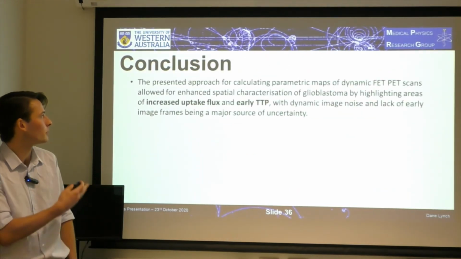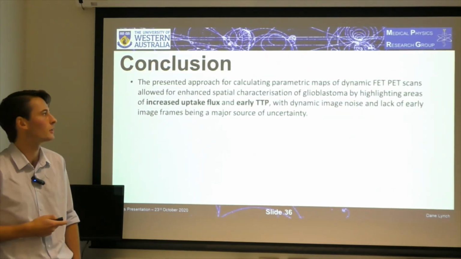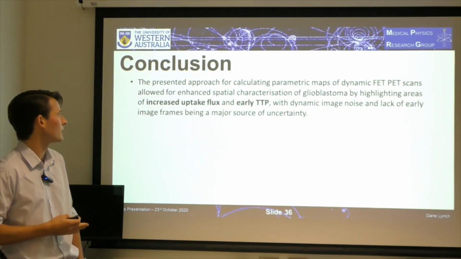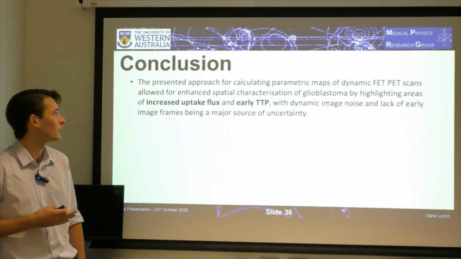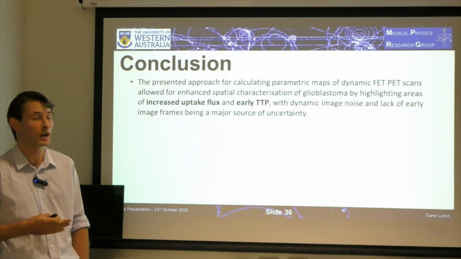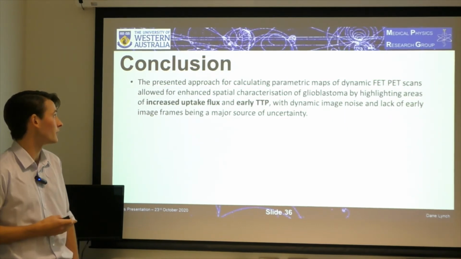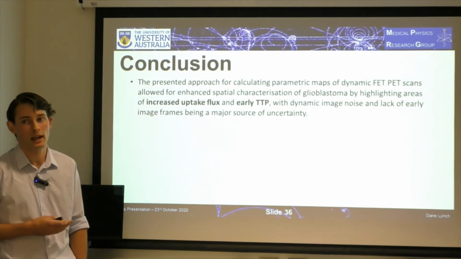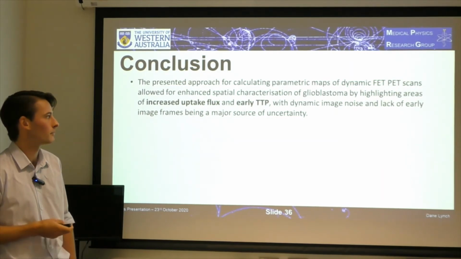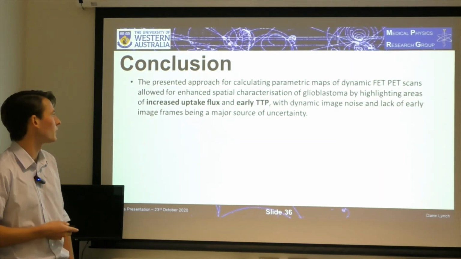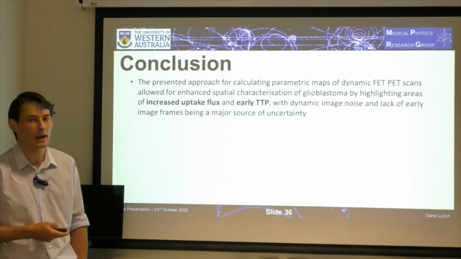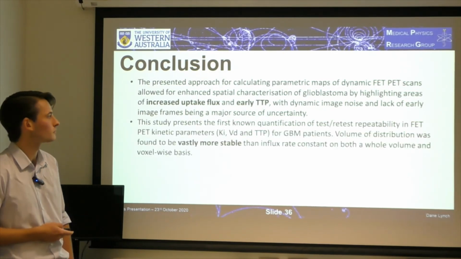So in conclusion, the presented approach for calculating parametric maps of dynamic FET PET scans allowed for enhanced spatial characterisation of glioblastoma by highlighting regions of increased uptake and early time to peak, with dynamic image noise and lack of early image frames being a major source of uncertainty.